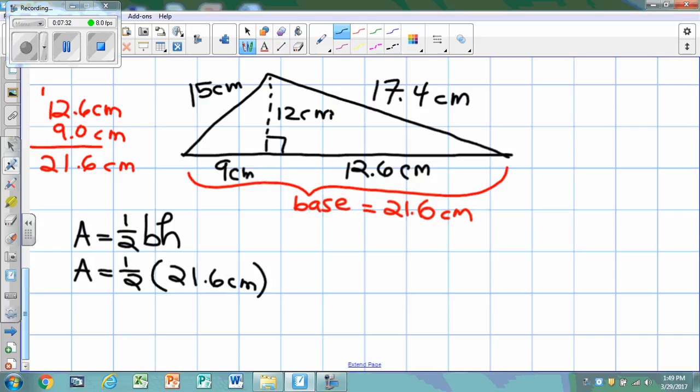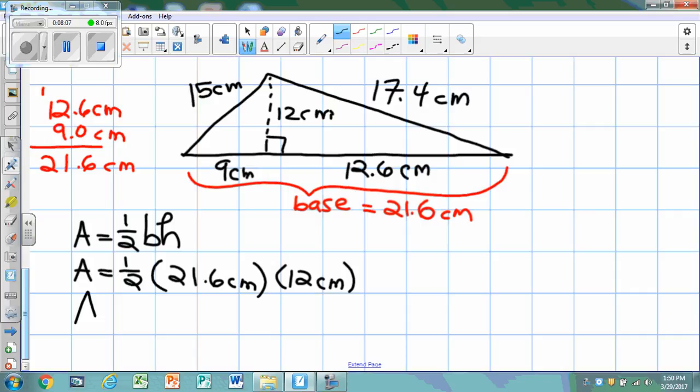What is the height? 12 centimeters. Remember, those of you looking at the 15 and the 17 and 4/10 centimeters, those are not our height. We look to where we have a right angle being created. Sometimes for these triangles that don't have a right angle, we have to create one, either on the outside or on the inside, as in this case. We saw ones with the outside yesterday, remember?